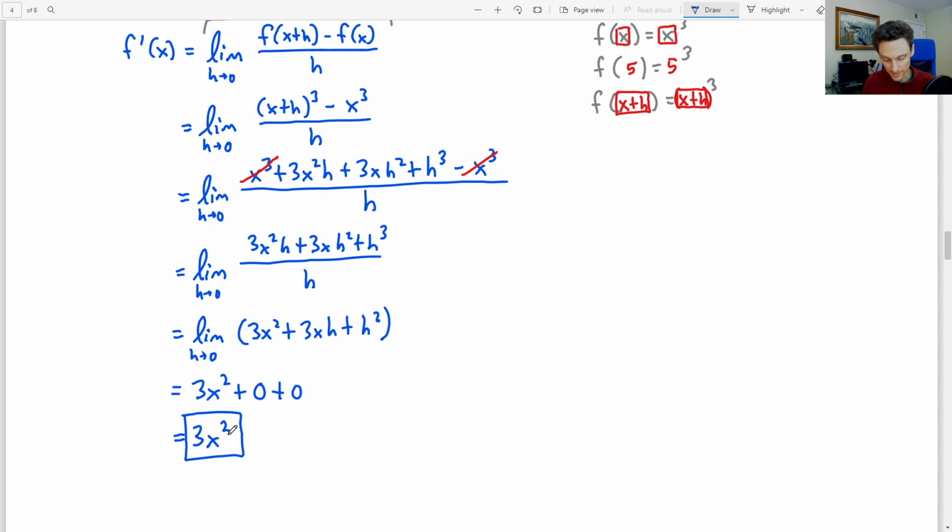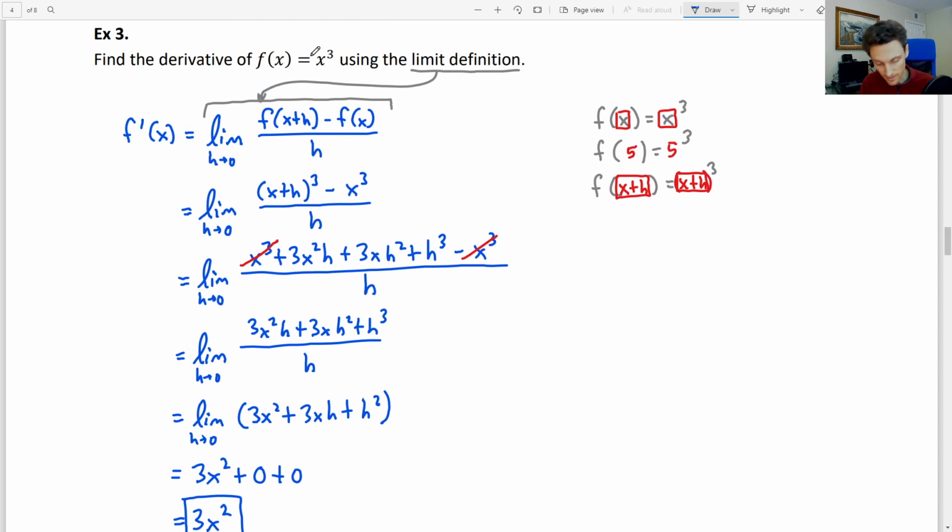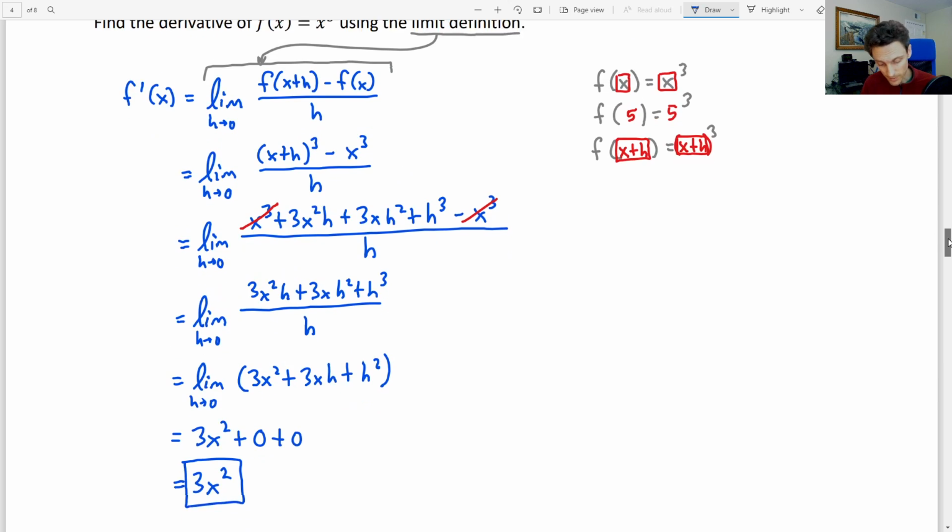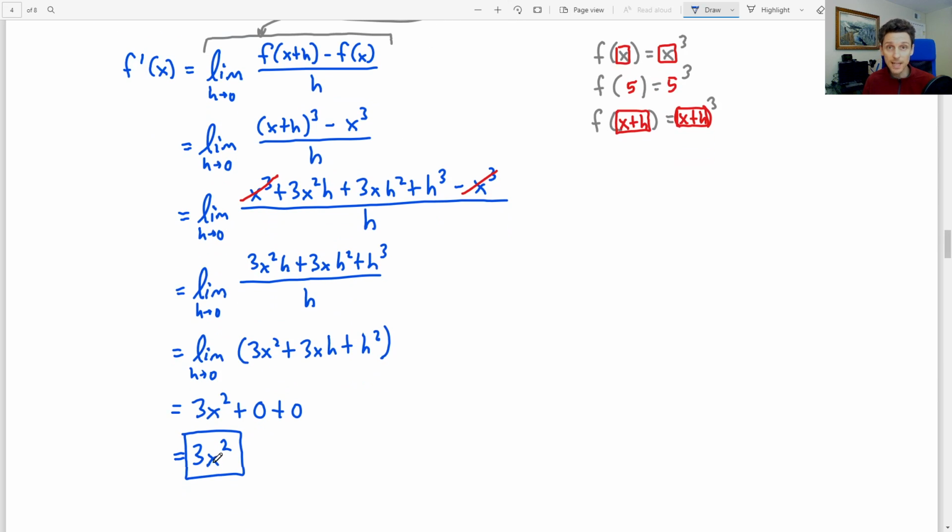It's 3x squared. So if you wanted to get the slope of the tangent line of x cubed at, let's say, x equals 2, well, that's pretty straightforward. You just plug in x equals 2 to the derivative that we just found, and you'll get 3 times 2 squared, so 2 squared is 4, times 3 is 12.